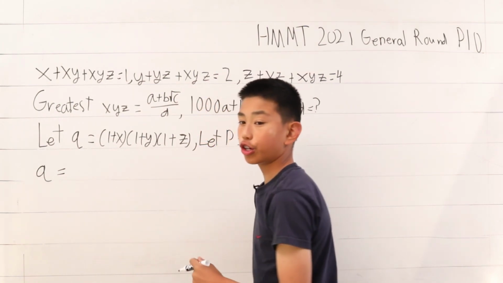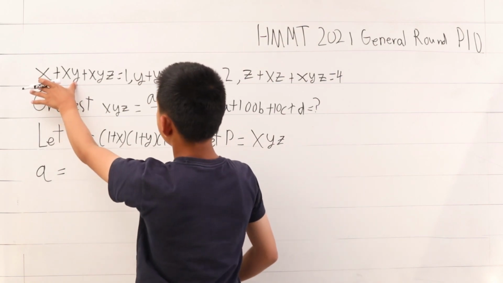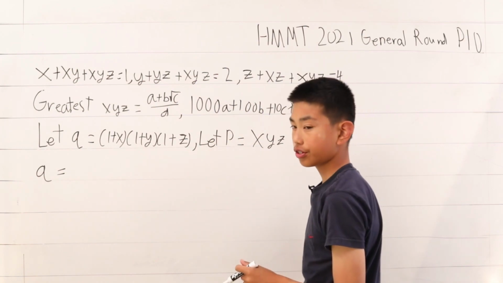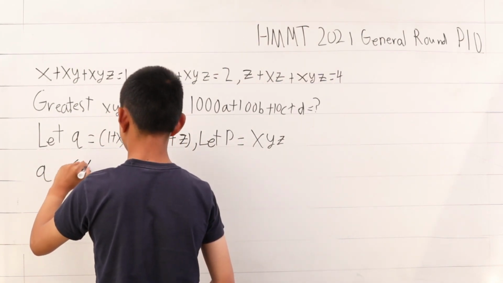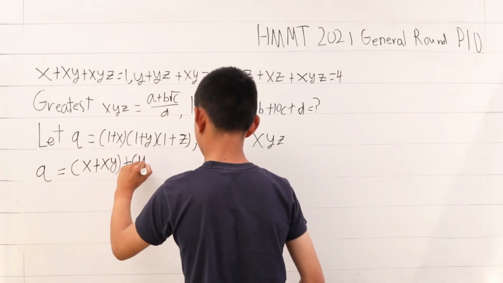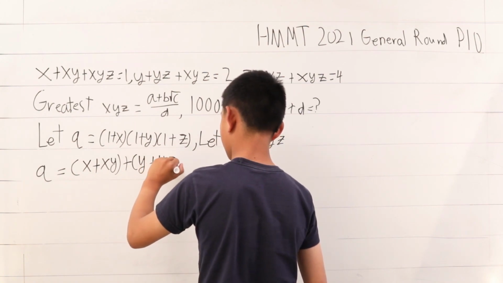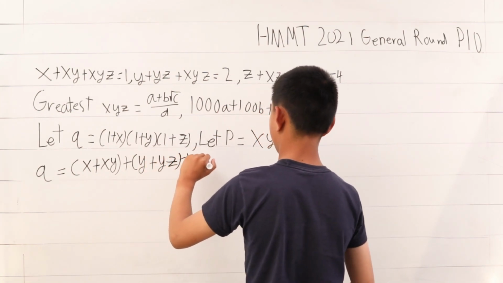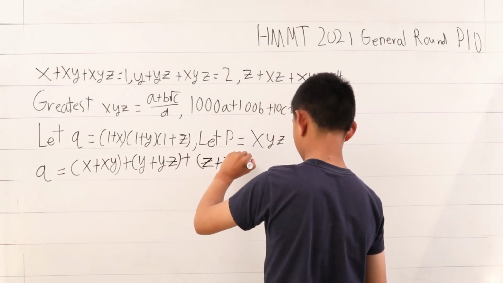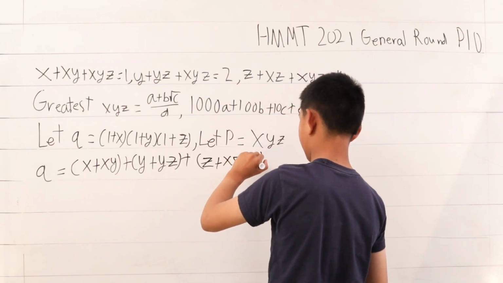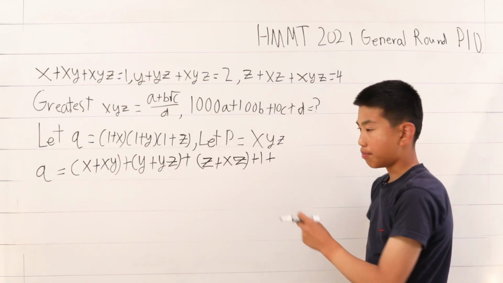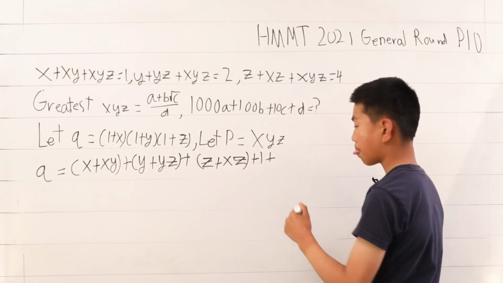You get a lot of terms, but all we want are the first two terms in all three equations: x plus xy, plus y plus yz, plus z plus xz. And then you add a 1 and an xyz, but since we let p be equal to xyz, we just add a p.